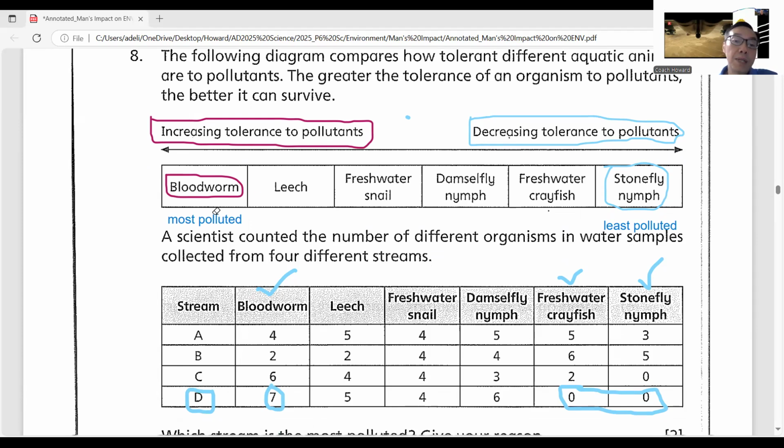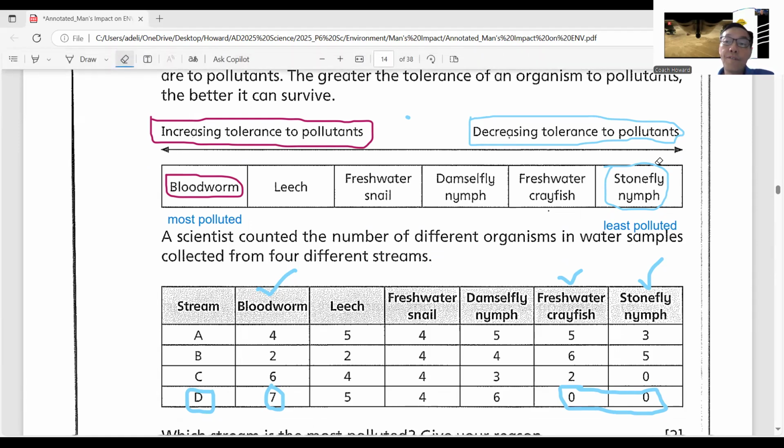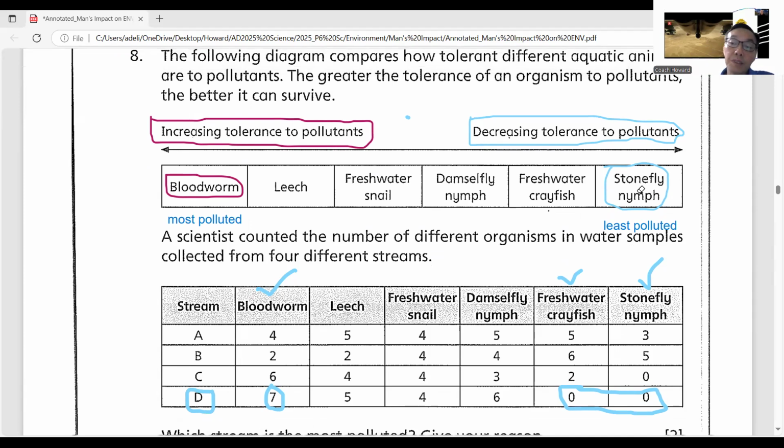So the bloodworm can survive in very polluted water, whereas the stonefly nymph cannot survive in polluted water. On the right-hand side, decreasing tolerance to pollutant means that the stonefly nymph is least tolerant to pollution.